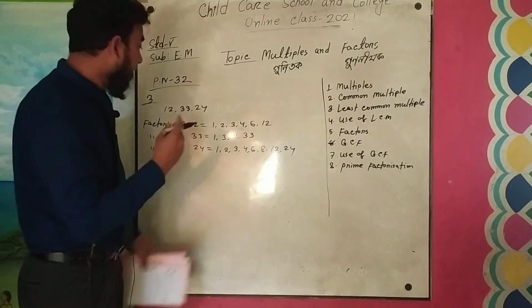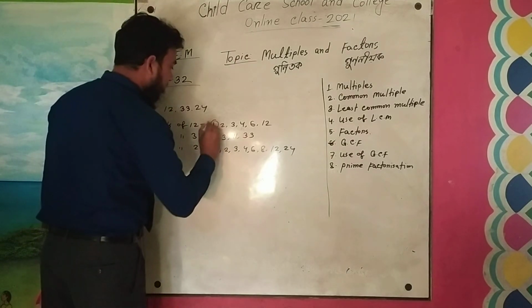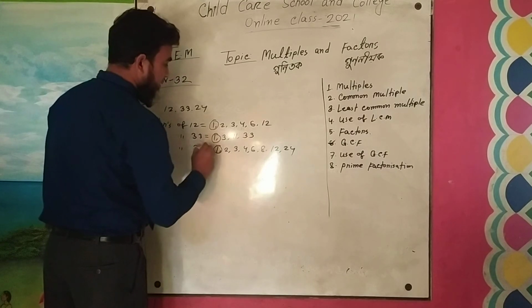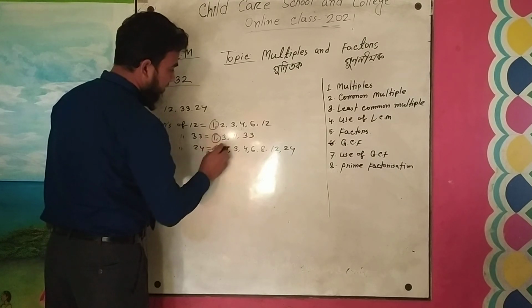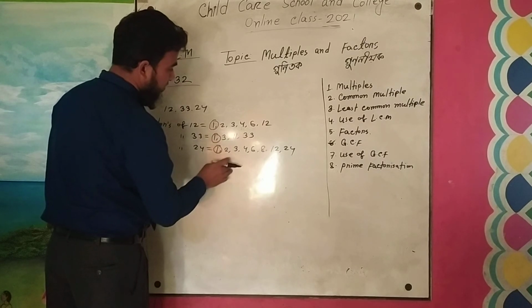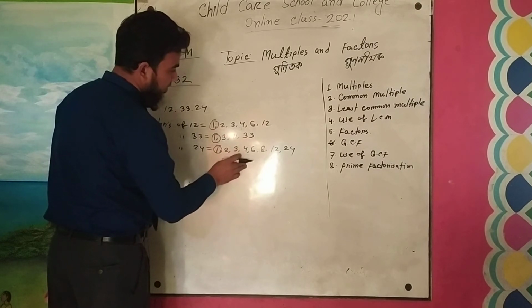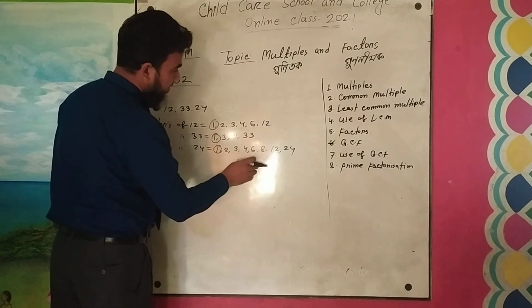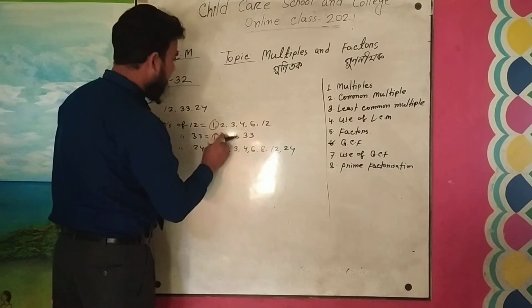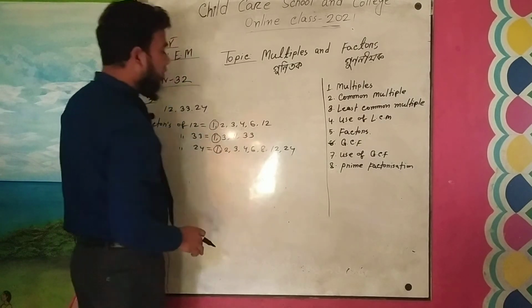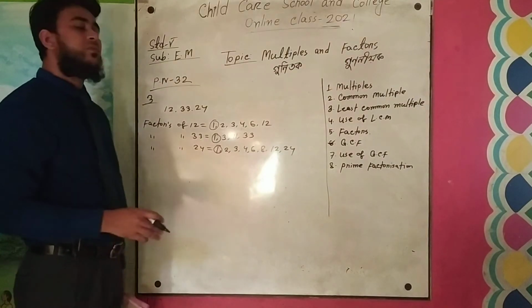At first we have to find the common factors. Here look, 1 is common. Here 3, no, there is no common here. 2, this is not common. 4, 33, 6, 12. So look here, there is no common factor except 1.